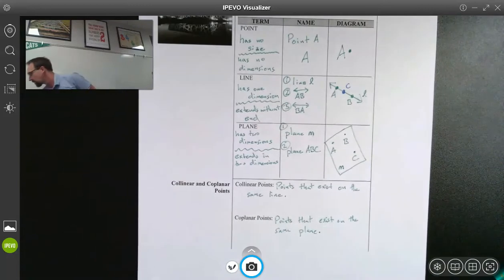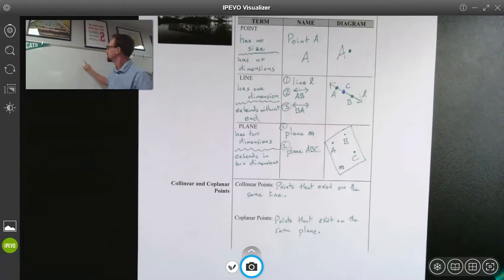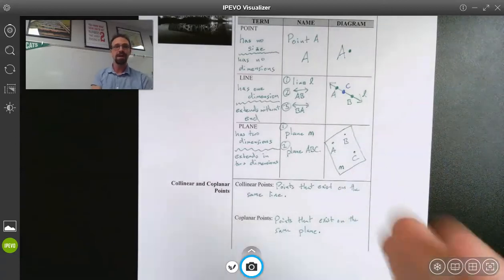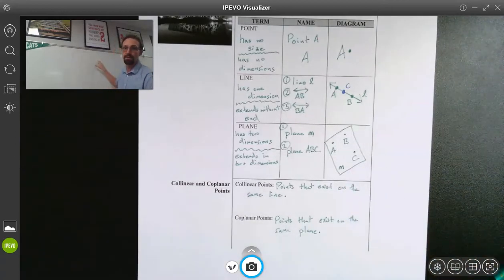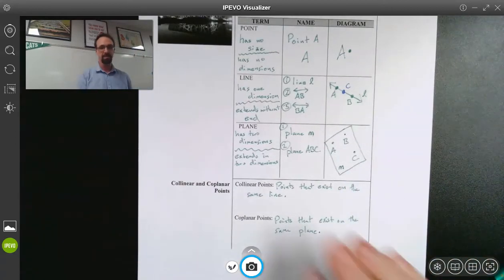So if I draw a point up here, say point V right there, it's kind of hard to see. Point V right here. I circled it. Hopefully that helps. Point V in there is not coplanar with the points that are on the page. All the points that are on the page could be considered coplanar, but point V would not be, because it is on a different plane than the paper.